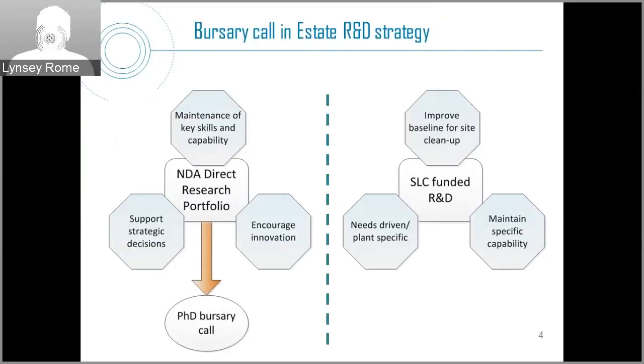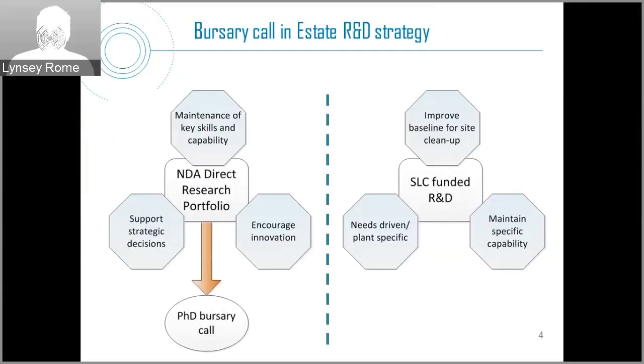This slide should help with preparing your bursary application and shows the difference between the type of research funded by the Nuclear Decommissioning Authority and that funded by the site license companies. So areas of interest to the NDA are maintenance of key skills, as I've already touched on. They're looking for PhD applications that are innovative, and also looking at research programs that help them to support strategic decisions.